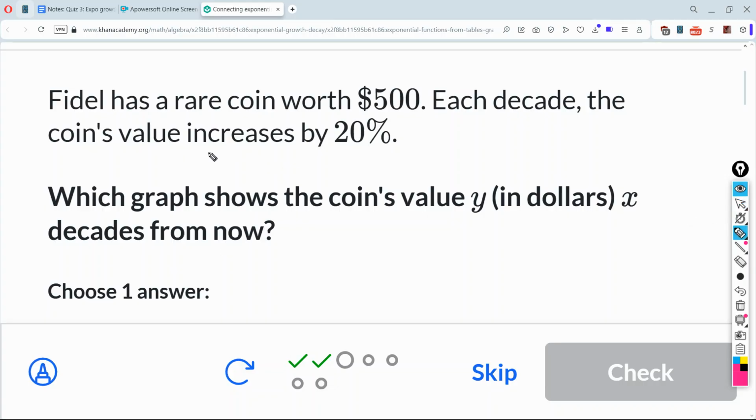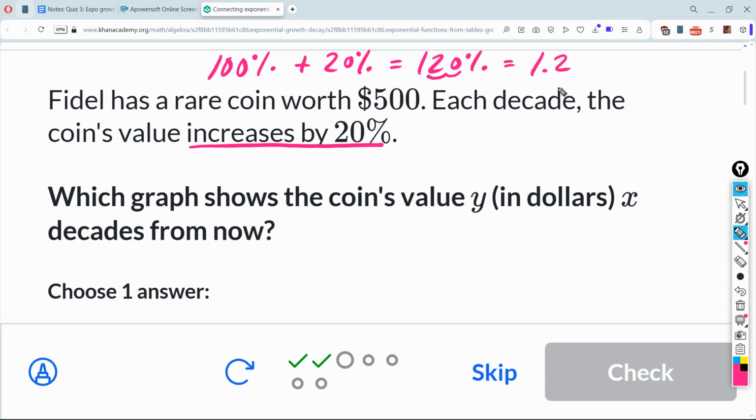In order for something to increase by 20%, if you start with 100% and you add 20%, that's going to be 120%. But to multiply and add 20%, we need to convert this to a decimal. If you move it over 2 places, that's just going to be 1.2. You can make it 1.20, but it's really just 1.2.